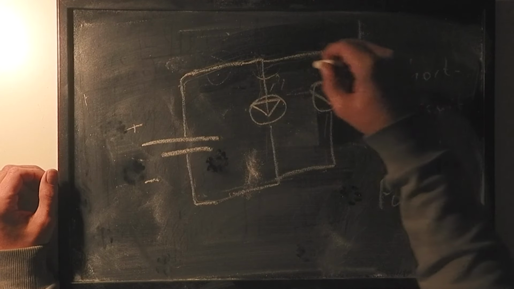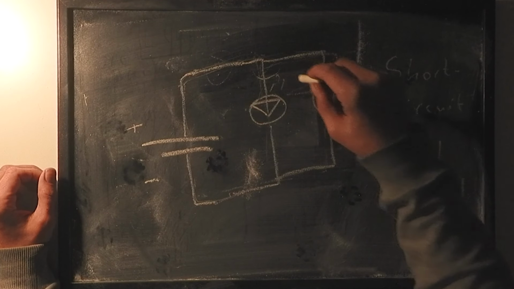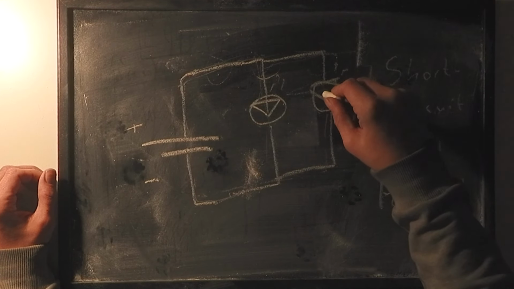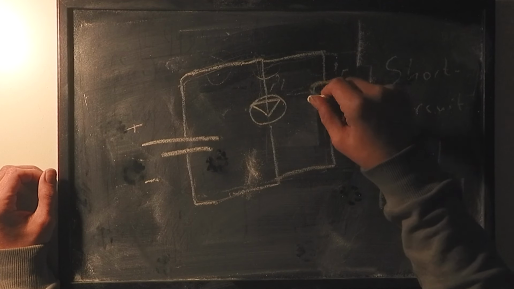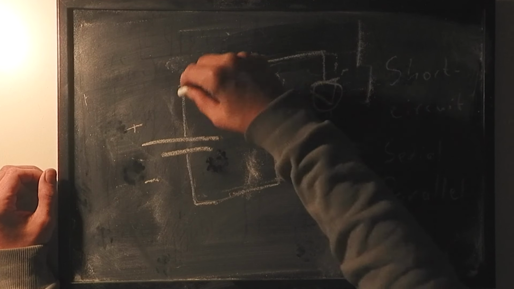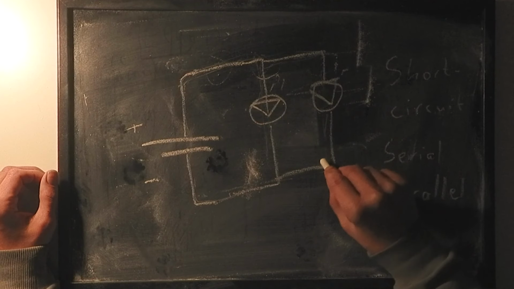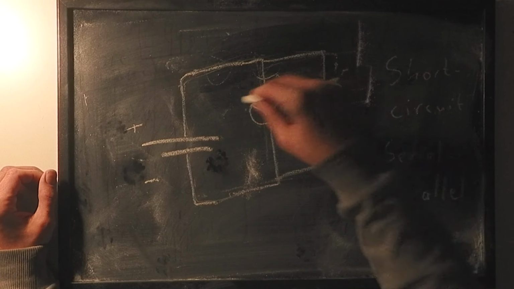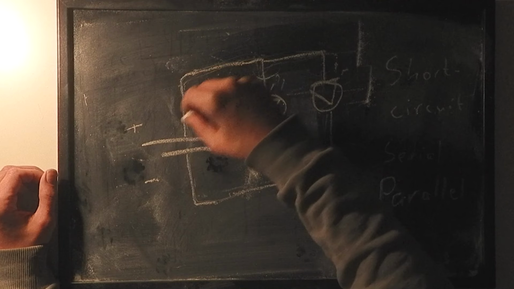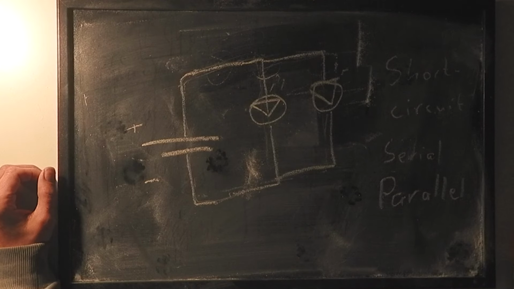So half of the electricity will go through this one, and half of the electricity will go through this one. But if we connect them in series, it works differently.